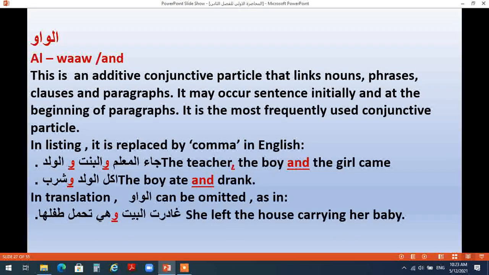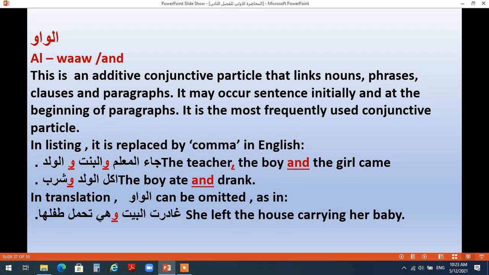In translation sometimes الواو can be omitted. يعني أحيانا من نترجم جملة باللغة العربية تحتوي على الواو إلى اللغة الإنجليزية، نحذف الواو ونعوض عنها بشيء مناسب حتى يكون المعنى more suitable in English.